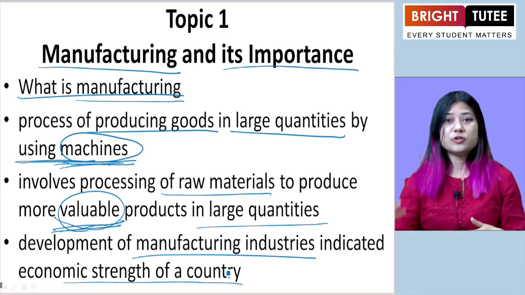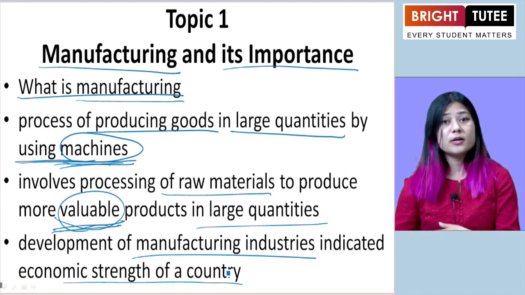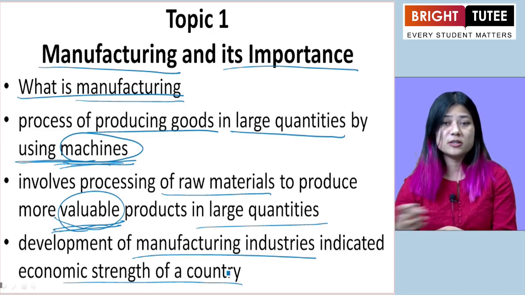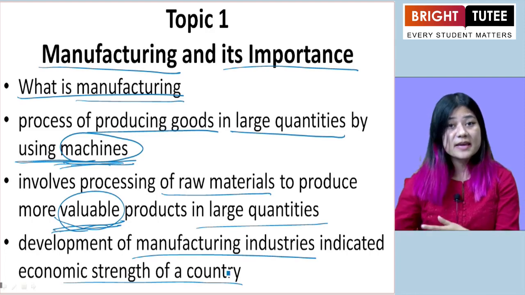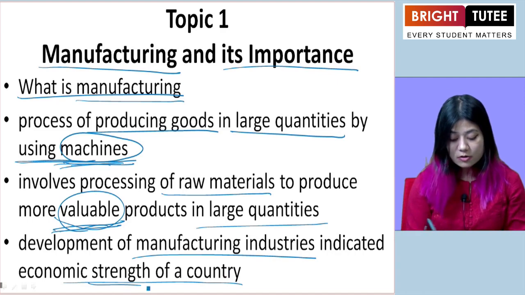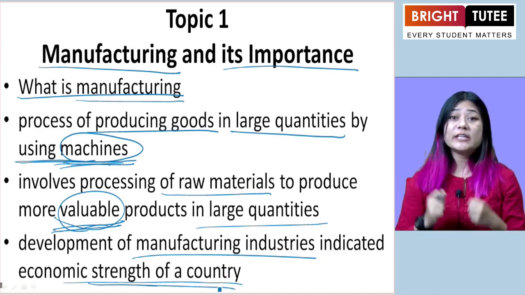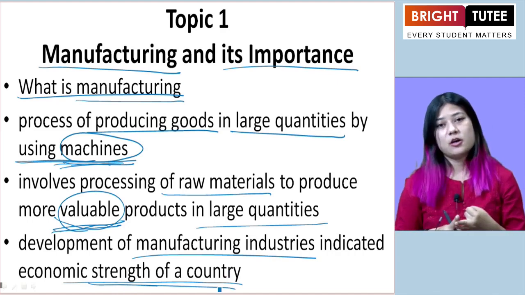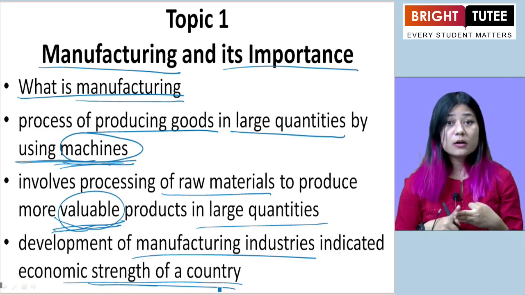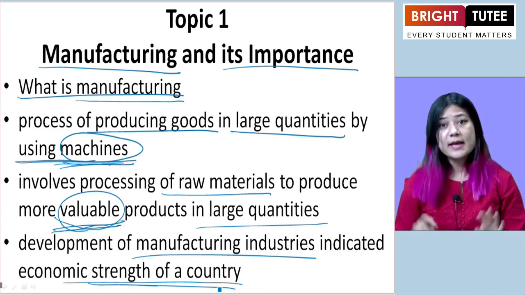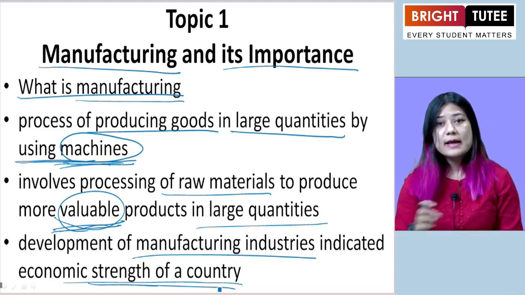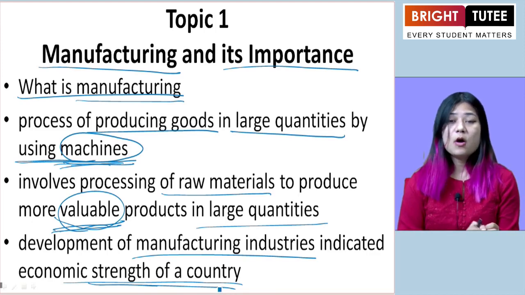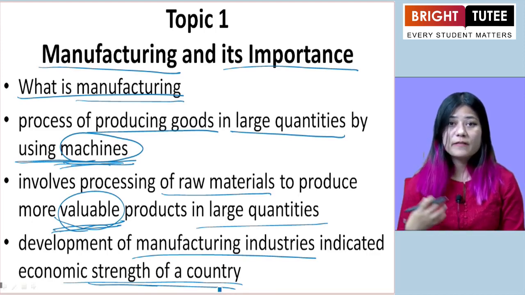So the more industries, the more products being manufactured, that shows the economic strength of a country, how capable a country is, how rich a country is, or how poor a country is. All right. So that is why the manufacturing sector, industries, play a very important role in the economic activities of any country.